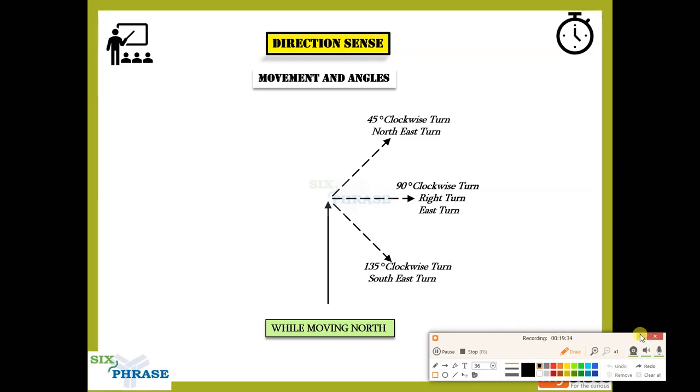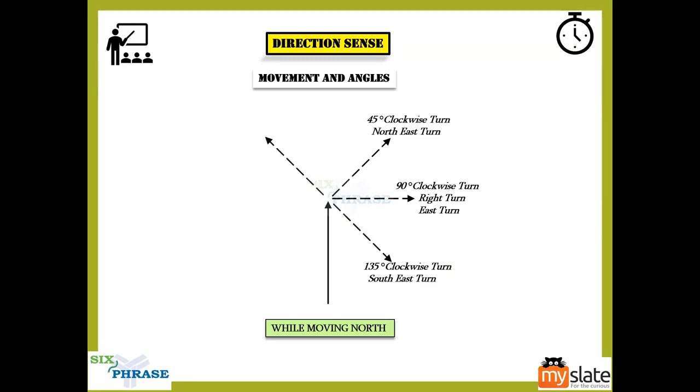Now look at what he is doing. Again he is doing 45 degrees, but this time he is going against the clock's direction, or anti-clockwise. So we call this a 45 degrees anti-clockwise turn. I hope you understand how 45 degrees came about.